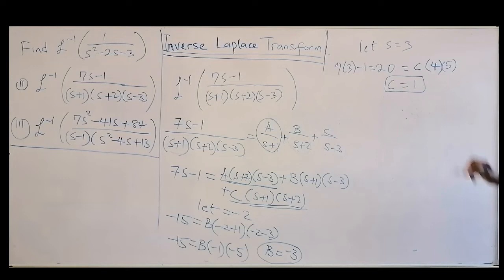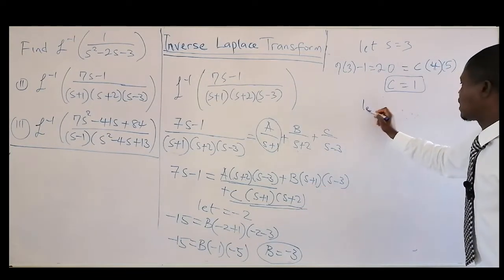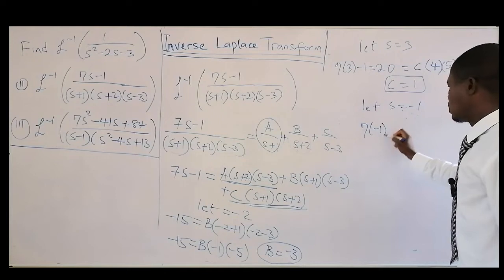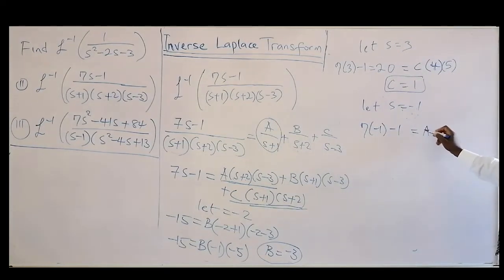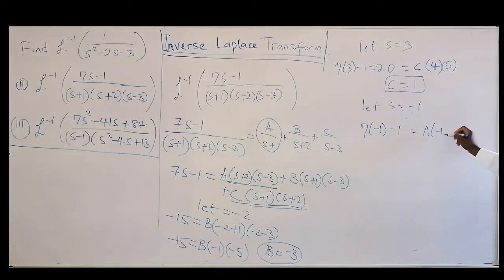That's 1. And then the next one I can do now, I've used minus 2, I've used 3, I can also use minus 1. Let x also be minus 1. With that, I will now have 7 into bracket minus 1 equal to A into bracket (minus 1 plus 2)(minus 1 minus 3).